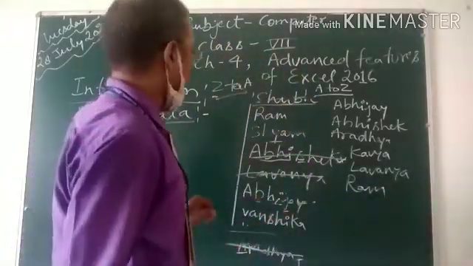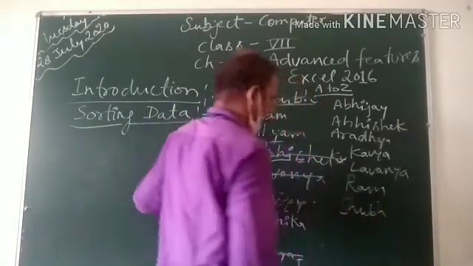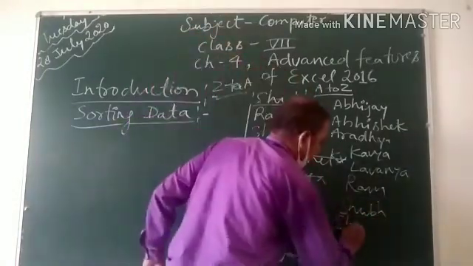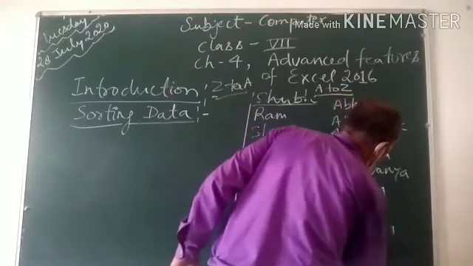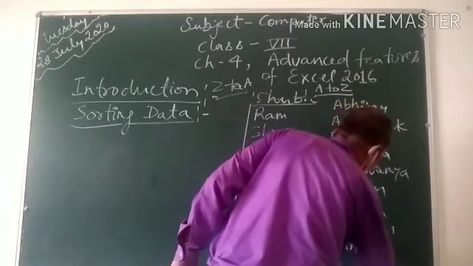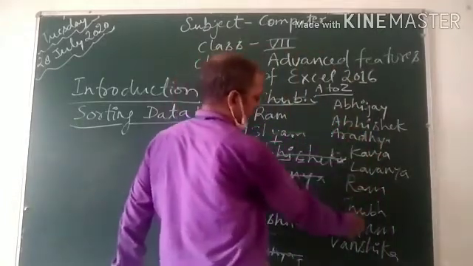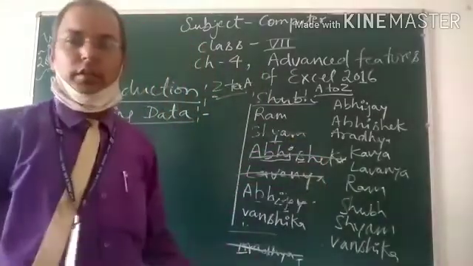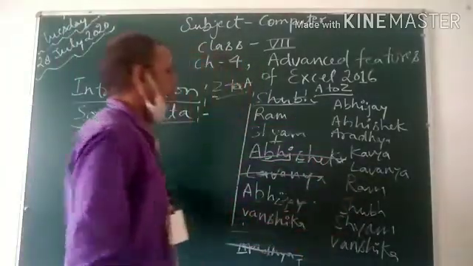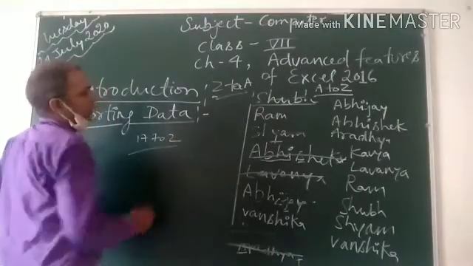After Ram, we will write Shubh, and after Shubh, Shyam. At last I will write Vansika. So 1, 2, 3, 4, 5, 6, 7, 8, 9: these are nine students written in ascending order, A to Z.